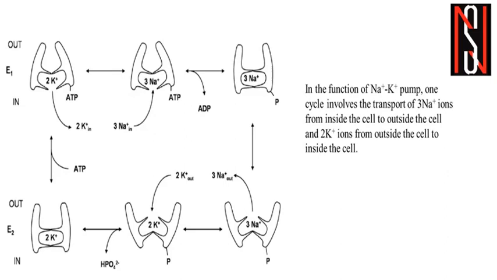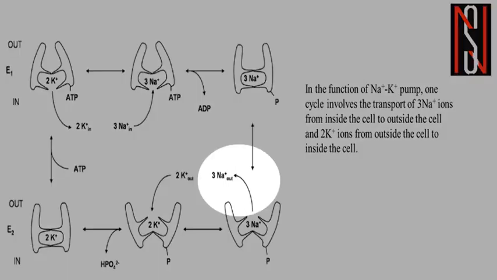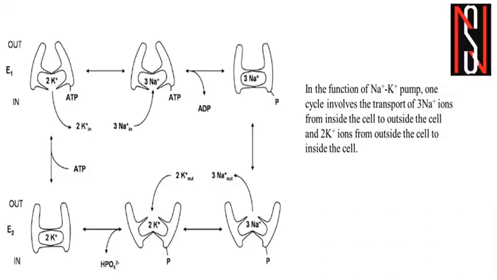If you look at this picture carefully, you can easily note that the sodium ions are going outside of the cell, whereas the potassium ions are coming inside of the cell. Outside of the cell means the extracellular part, and the other is the inside part.